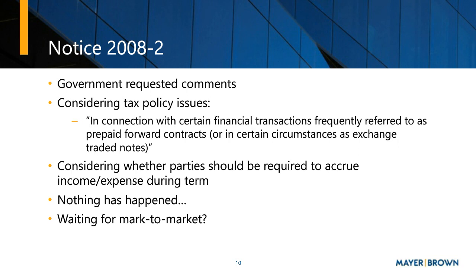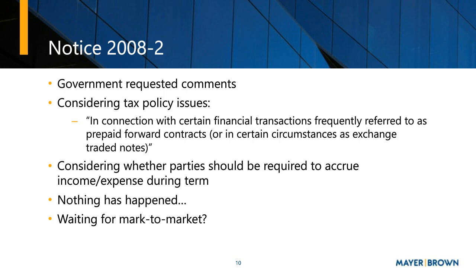And so the government issued a notice and said, we are aware of these transactions. There are policy issues. We need to think about how this works. And so you see there on the slide, they said, in connection with certain financial transactions frequently referred to as prepaid forward contracts, or in certain circumstances, exchange-traded notes.